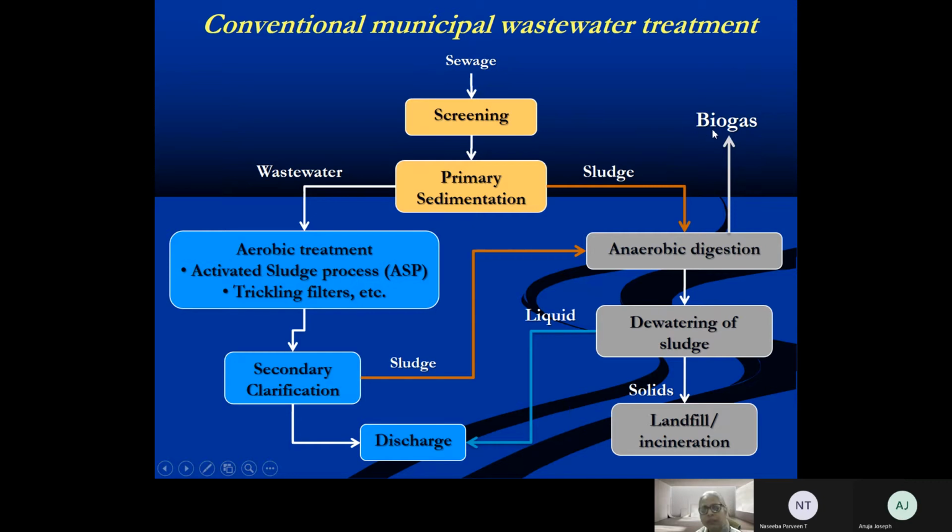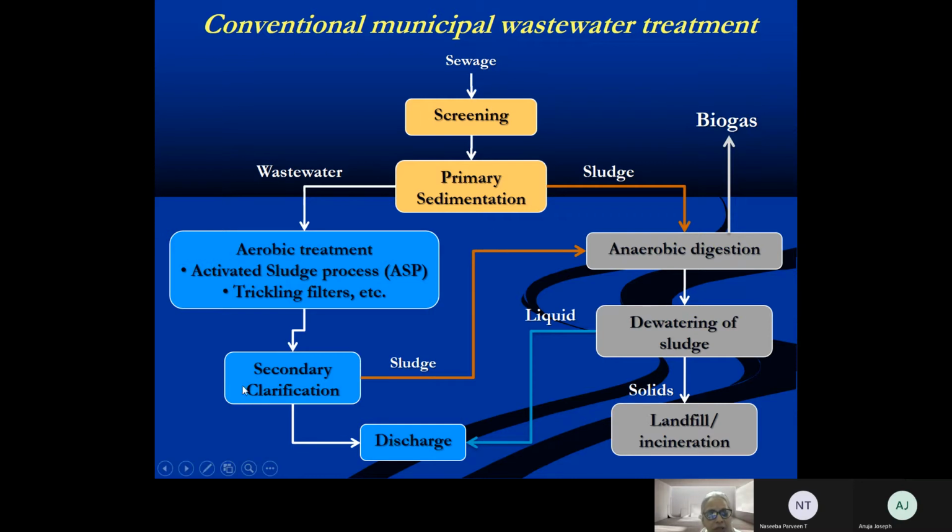Because in big cities, the amount of municipal wastewater that is being generated is huge, it is economical for the municipal authorities to set up anaerobic digesters and generate biogas, because this is a good fuel. It's a good quality pure fuel which can be utilized.